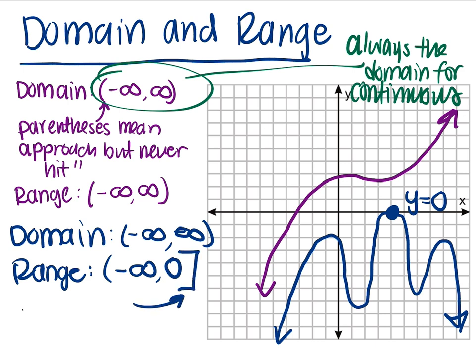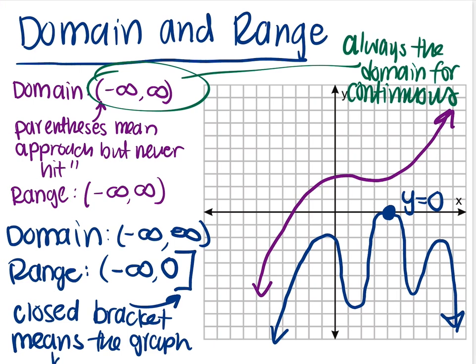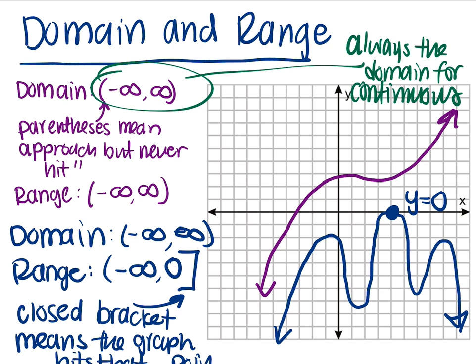A closed bracket, as opposed to that curved open parenthesis, means the graph hits that point. So that is domain and range of a continuous function, where the range might have a minimum or a maximum, but the domain will always be negative infinity to positive infinity.